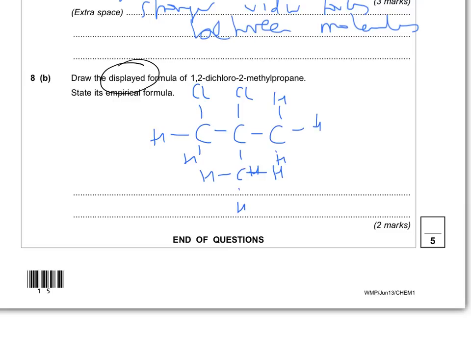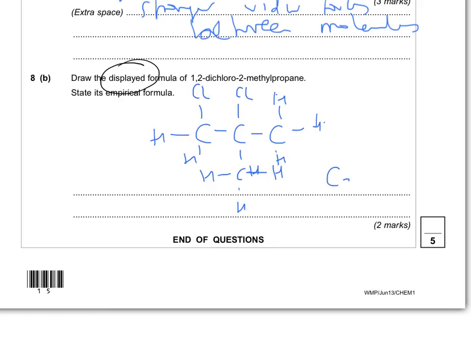And then state its empirical formula. We've got 3 C's, 4 C's. 1, 2, 3, 4, 5, 6, 7, 8 hydrogens and 2 chlorines.